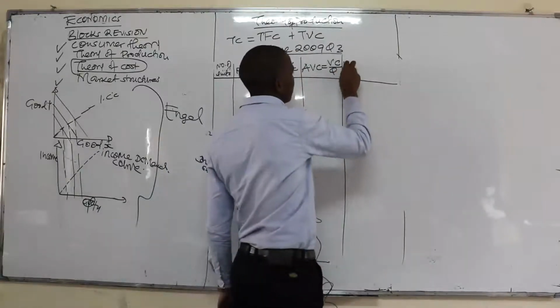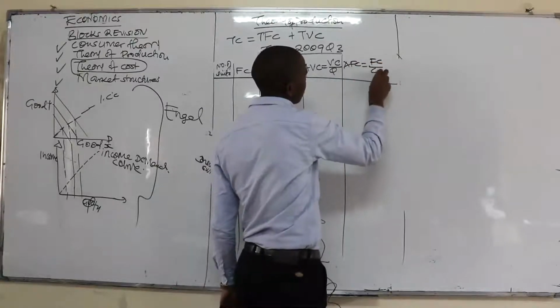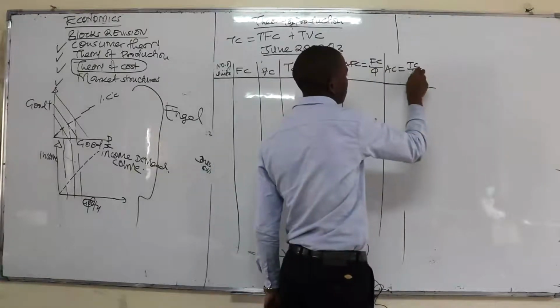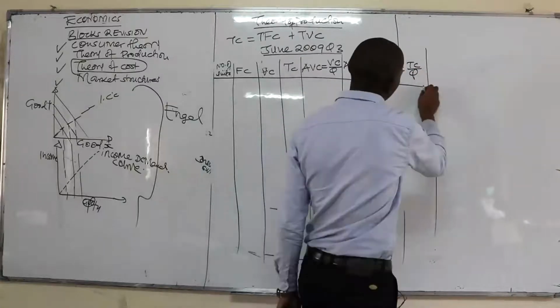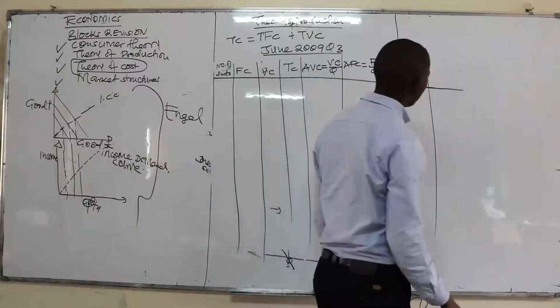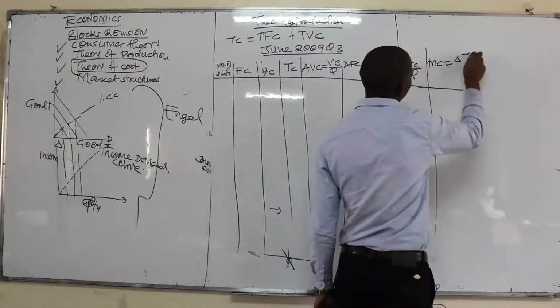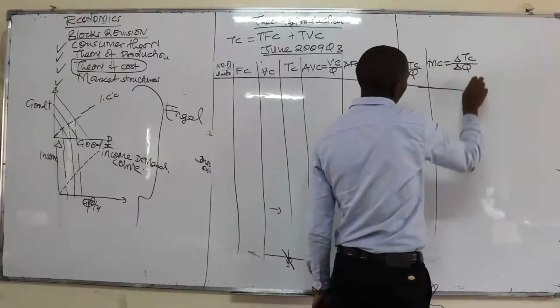The average fixed cost is fixed cost over output. The average cost is total cost over output. The marginal cost is the change in total cost over the change in quantity.